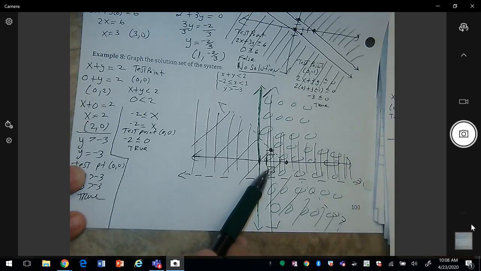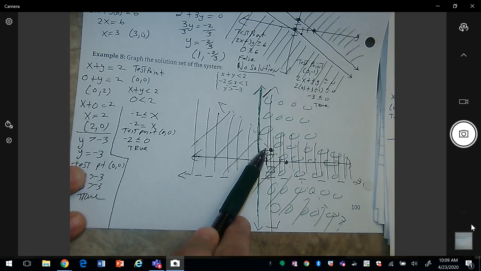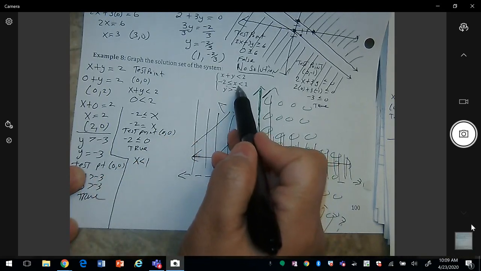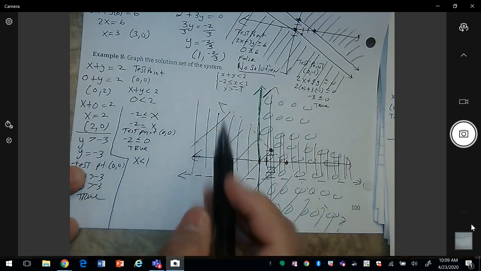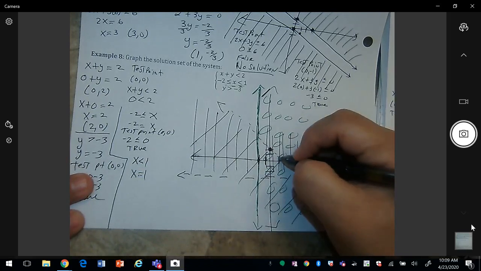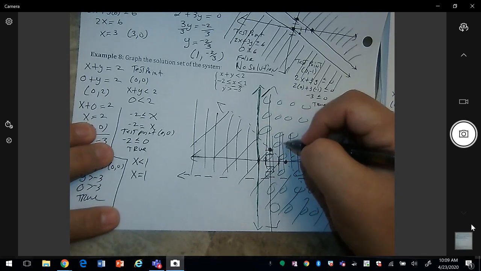So if you notice so far, in here is what they have in common, this little triangle. And then the last inequality is x is less than 1. So I'm getting that from here. x is less than 1 and x was greater than or equal to negative 2. So this is x equals 1. And it is a dotted line.